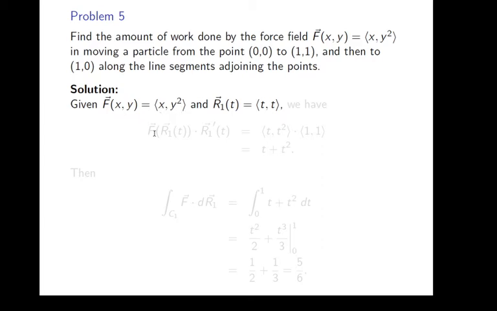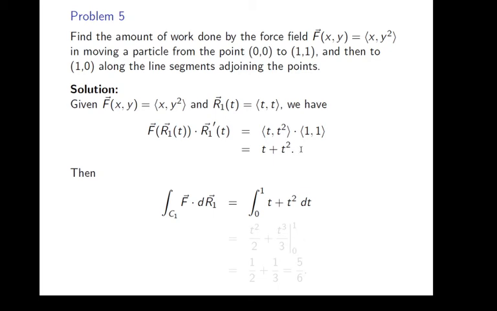This is F evaluated at r1. Now what is the derivative of r1? It is the vector whose coordinates are (1, 1). So F(r1) dotted with r1 prime is the vector (t, t squared) dotted with (1, 1). And so multiplying t with 1, we get t, and t squared by 1, we get t squared.